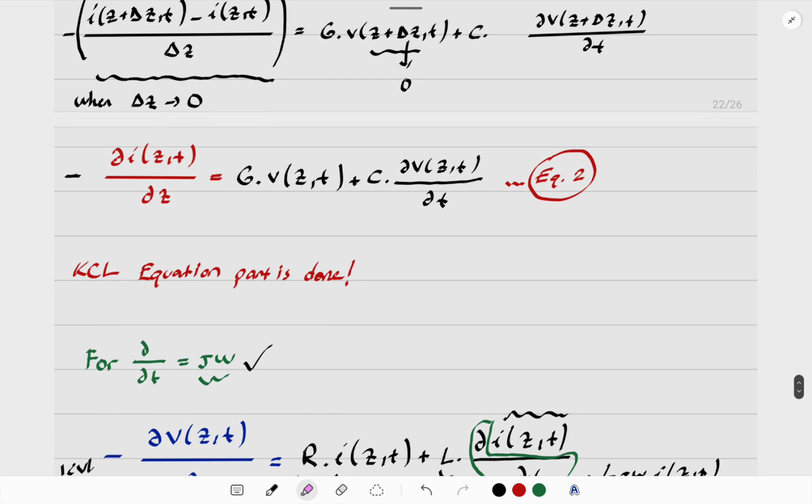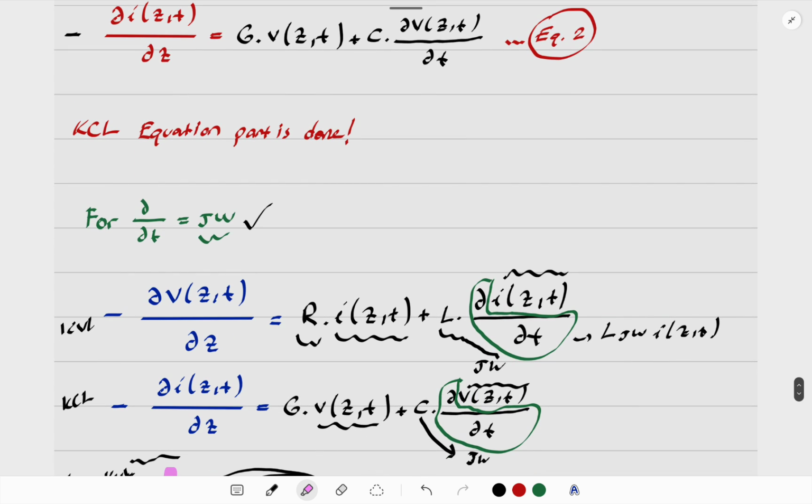And when we complete the KCL equation, we said that del over dt is j omega. We know this from our lectures. So if we use this information, we got this particular approach for the green circle. If you look at this green circle over here, del over dt is j omega, so this is L times j omega times I(z,t).